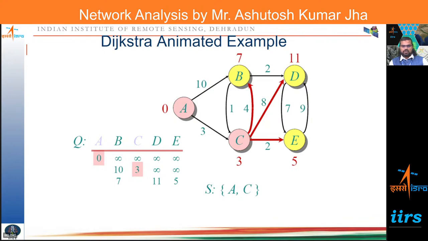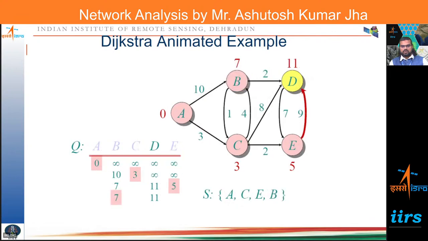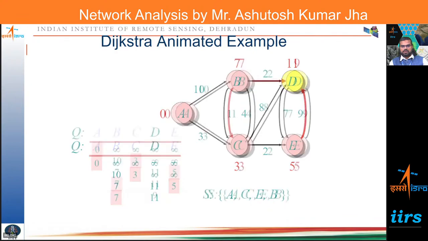Out of these, we pick the least cost one, the node nearest to the already reached nodes. So we select that one. In this case, E gets selected and the corresponding cost is put in. Then again, out of A, C, E, we look for the nearest node. We see that the cost of reaching D is the least in this case.